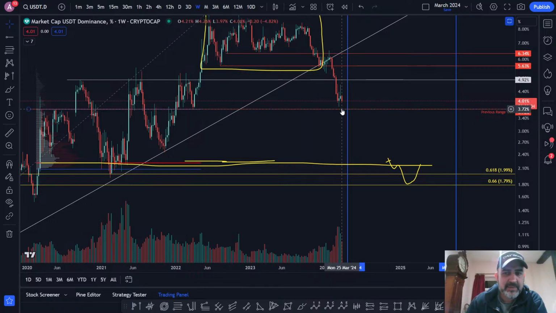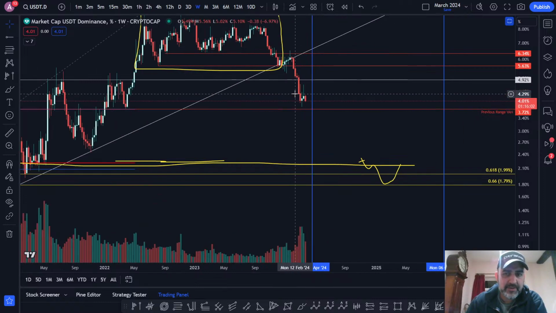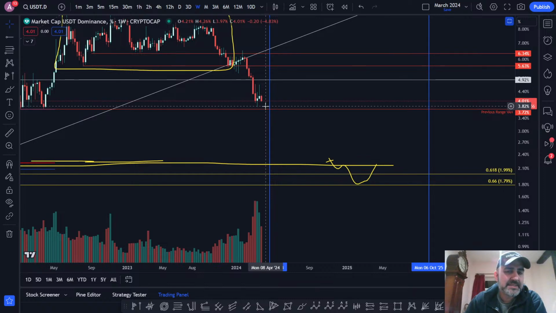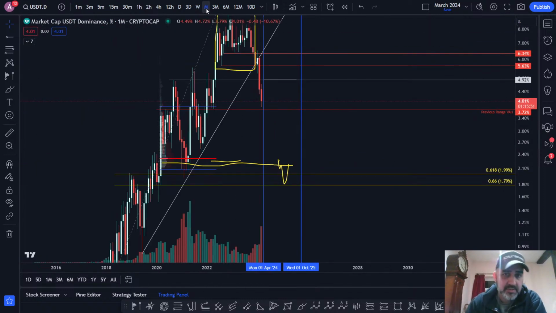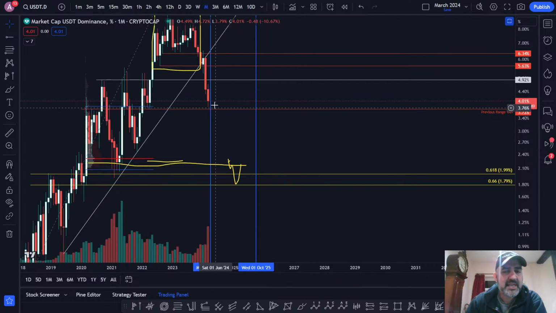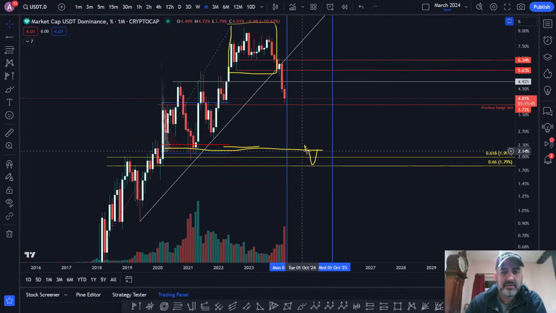We're kind of coming into support, but we bounced, and that was the bounce. When I'm looking at the candles, I'm looking at continuation candles. I'm not looking at a bottoming candle right now.